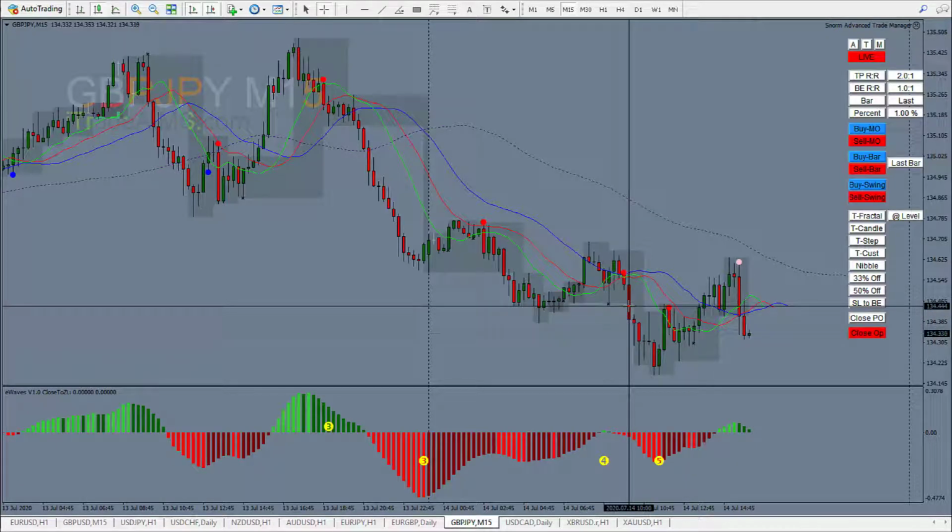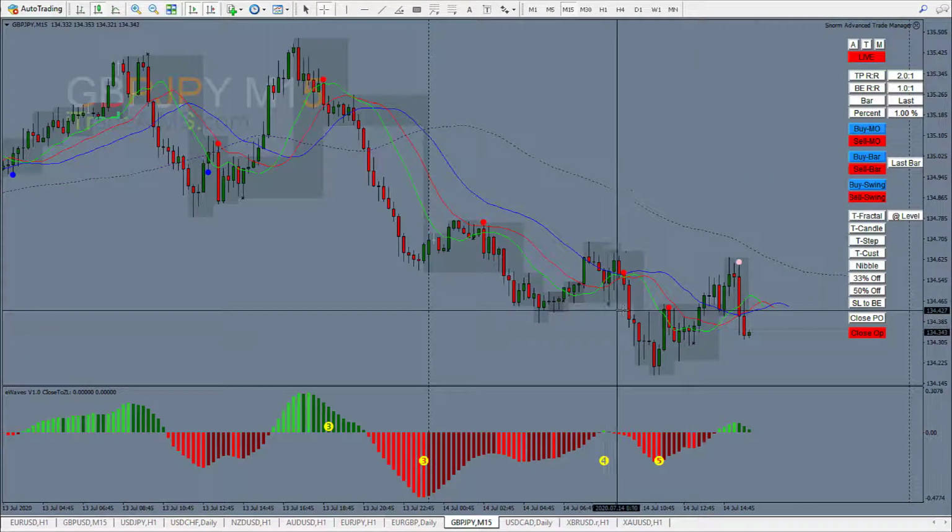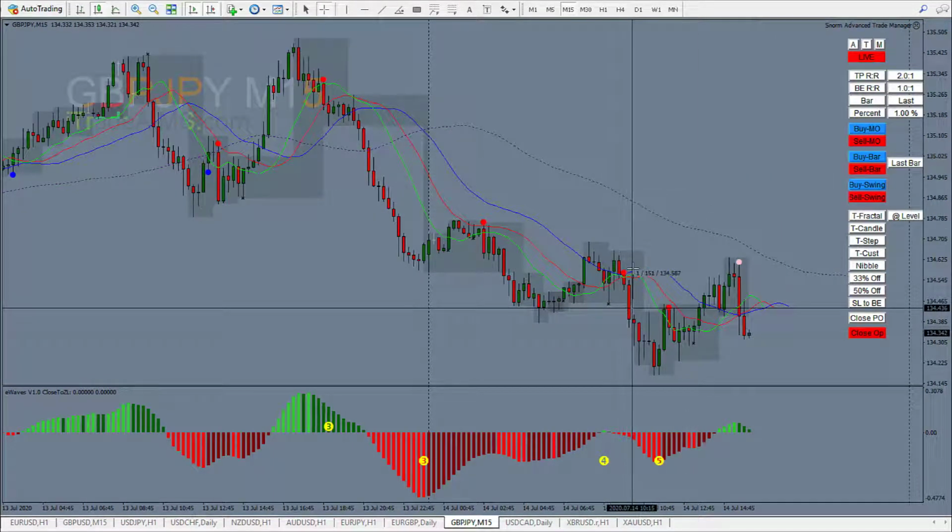I would have coded one for the AIMsters, but we don't need to, because Snorm's Advanced Trade Manager does work. It's pretty good, and we use it. So if you were to take a trade here and your stop loss was there, and when this goes on, you just leave the screen.